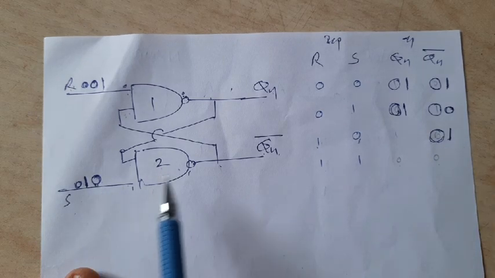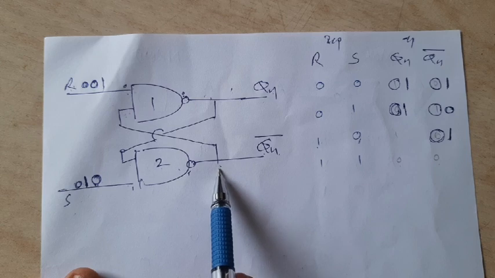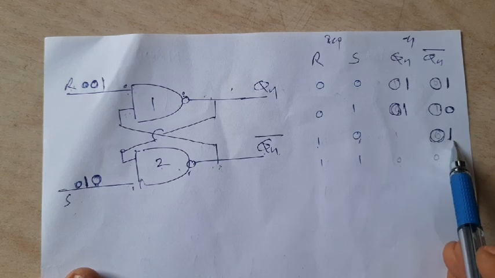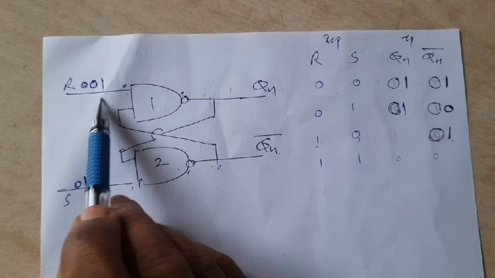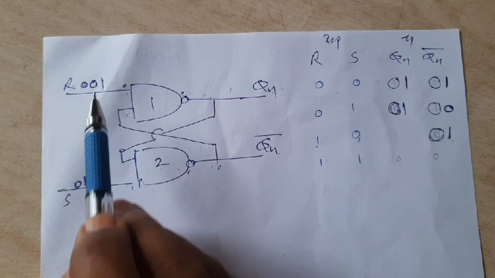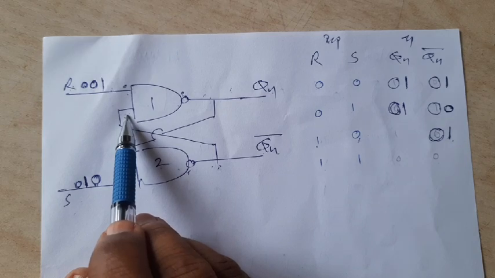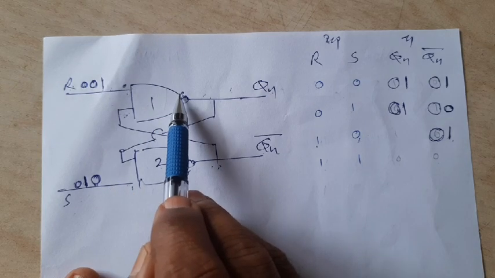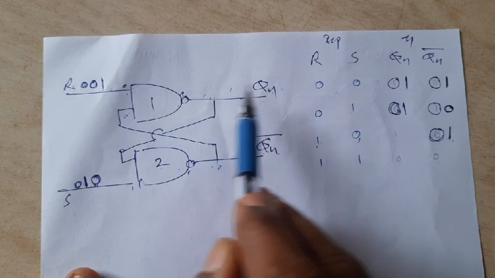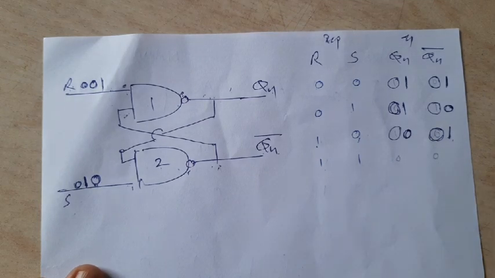It is 0, so the output of the AND gate will be 0 and it is complemented, so here it is 1. This one acts as input to the first NAND gate, and both the inputs of the first NAND gate are 1 1. So the output of AND will be 1 and its complement, hence Qn is equal to 0. Correct?